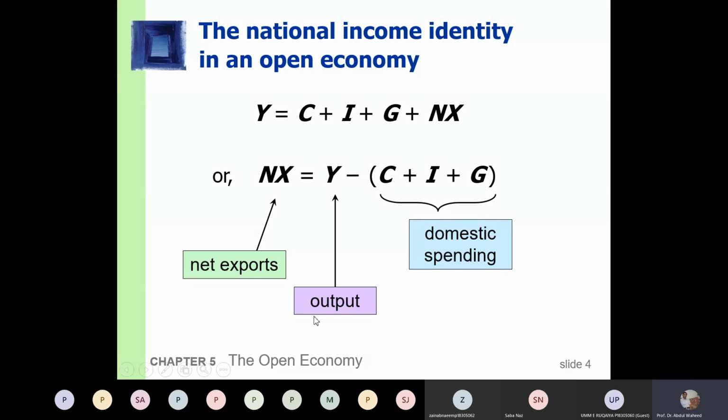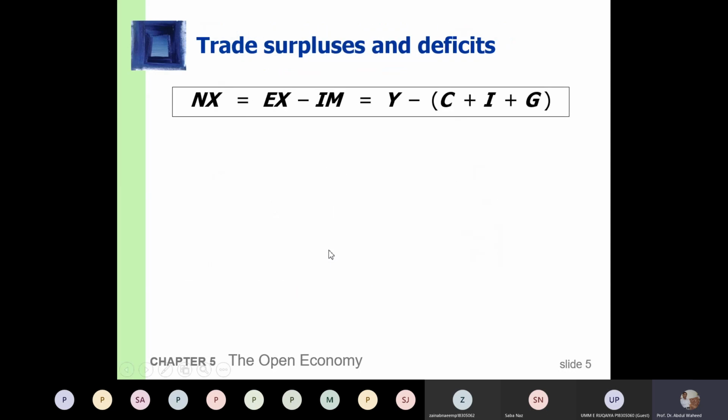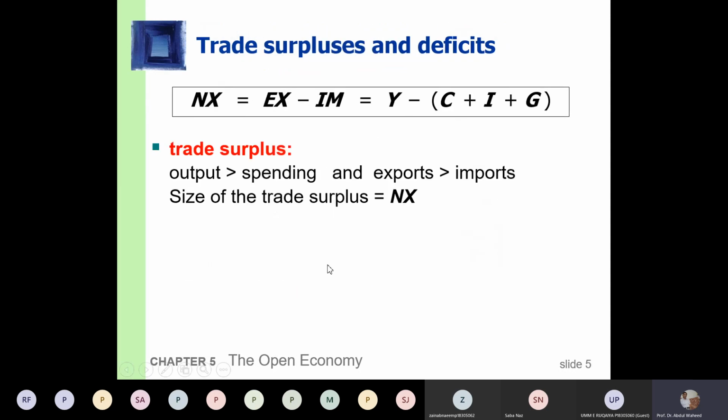Now suppose our output is more than spending, then this means export will be more than imports. This is domestic spending, this is the output. If output is more than domestic spending, then our export would be more than import, because our net export would be positive.